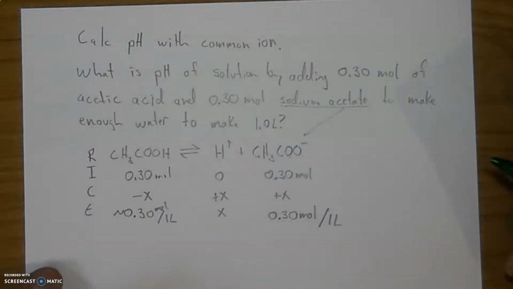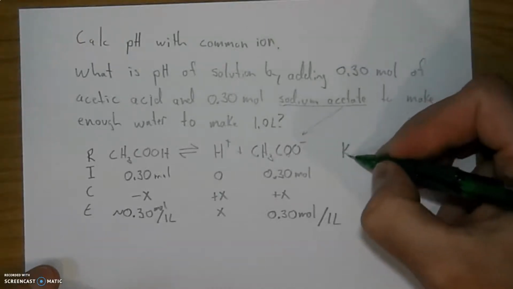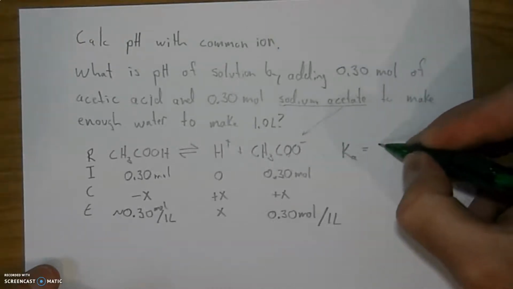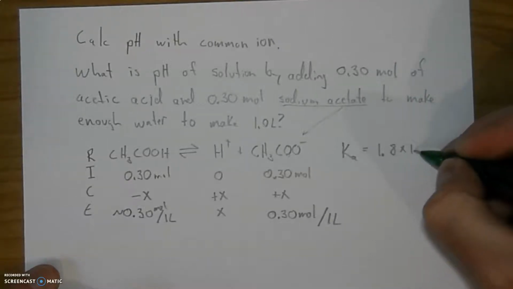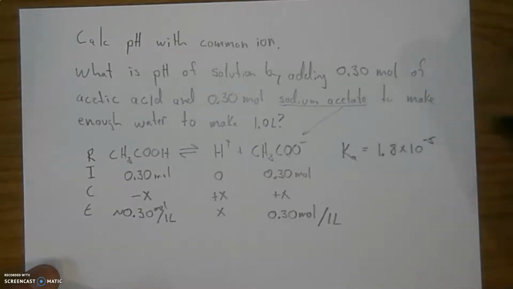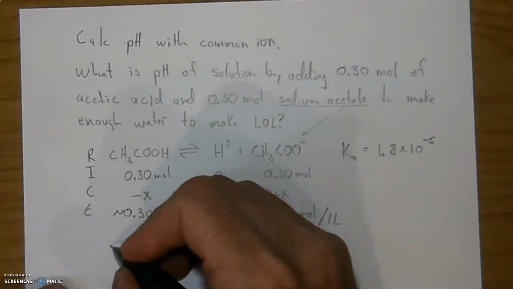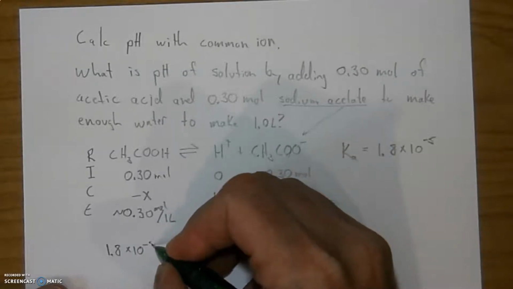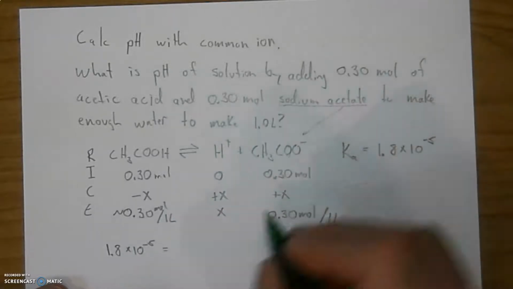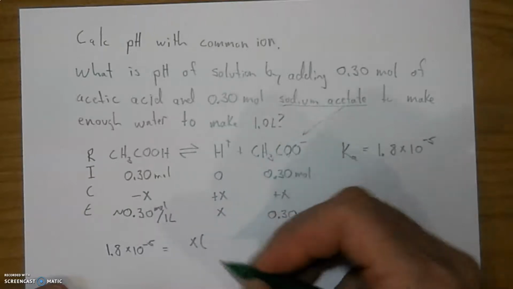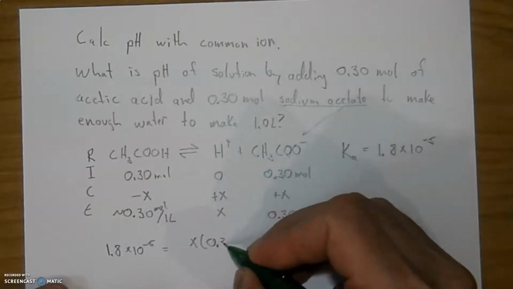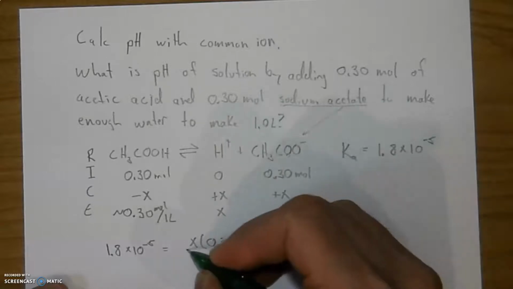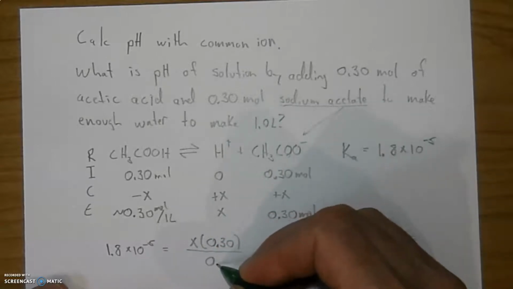Now if I look in the back of the book for acetic acid, its K value is 1.8 times 10 to negative 5. And now we're just trying to solve for the x, the hydrogen, in the equation. So we can set this up: 1.8 times 10 to the negative 5 is equal to products over reactants, x times 0.30, and these are all molarities, over 0.3.